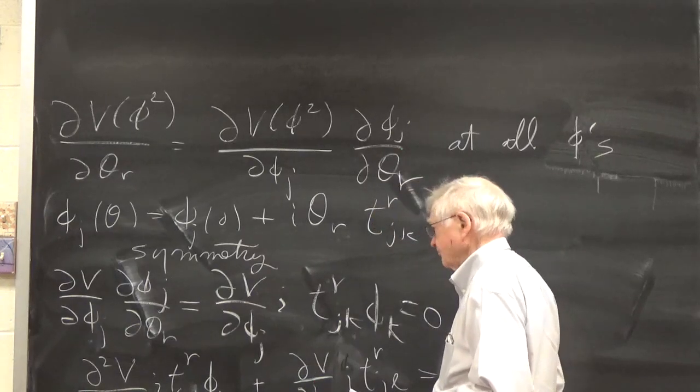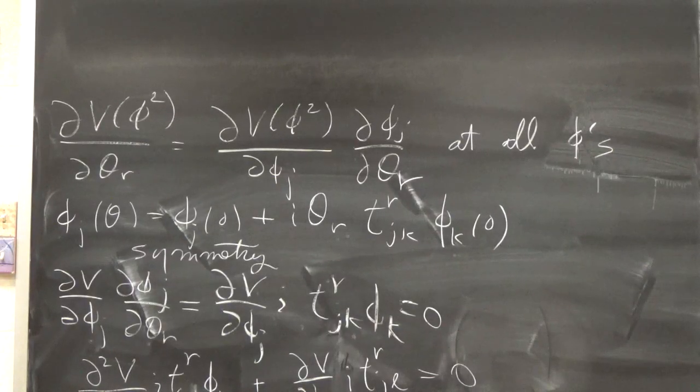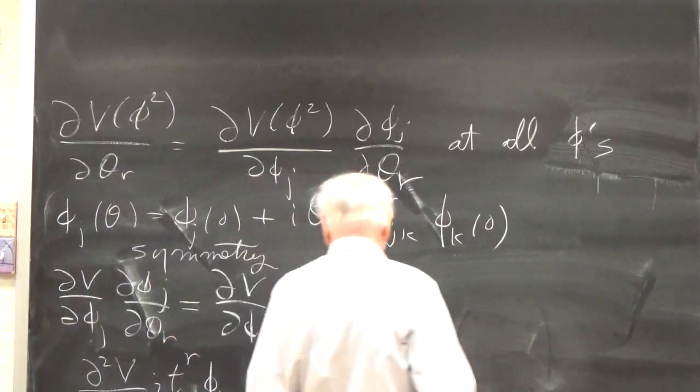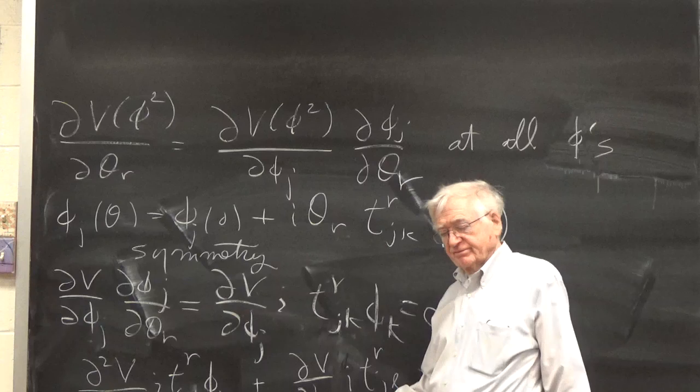So this is 0, and this is again 0 for all values of the field, whether or not we're at the minimum.